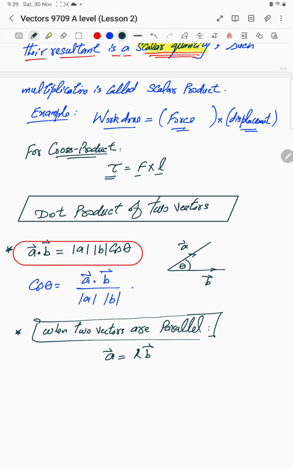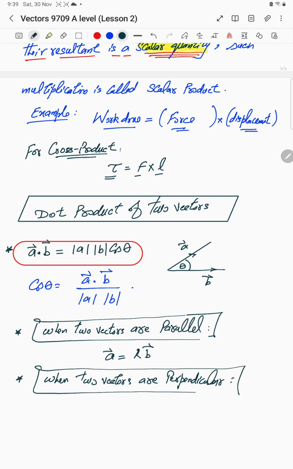In the first lesson we discussed what happens when two vectors are parallel and how we can find the value of lambda. Here I will tell you, when two vectors are perpendicular, then their dot product should equal 0.